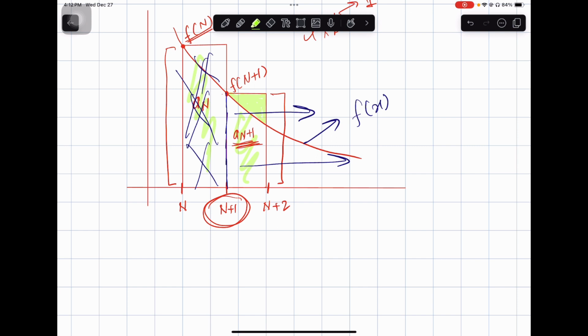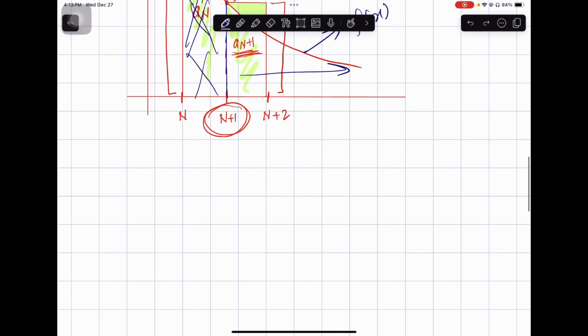See, the area up until this point is the same, but it's these triangles that make the difference. Not exactly a triangle, but still, they're the ones who make the difference. Therefore, now we know that the area under the curve is less than or equal to an plus 1 plus an plus 2 and so on.